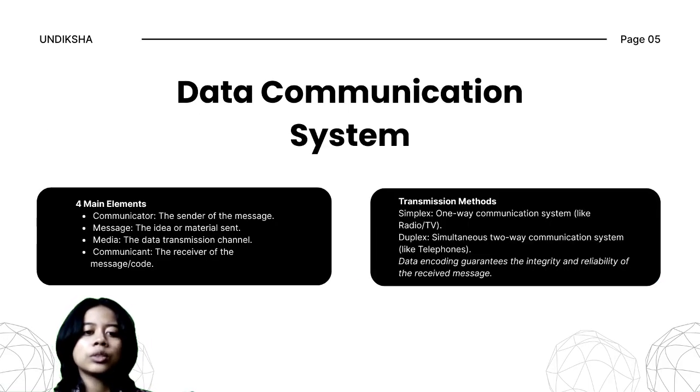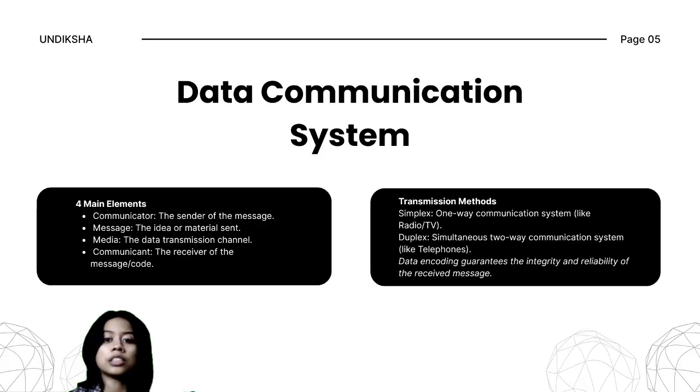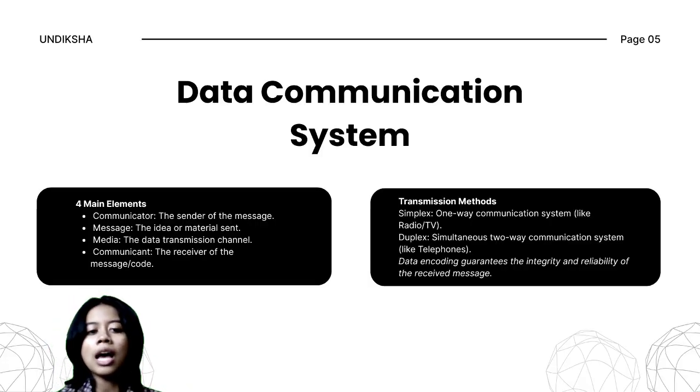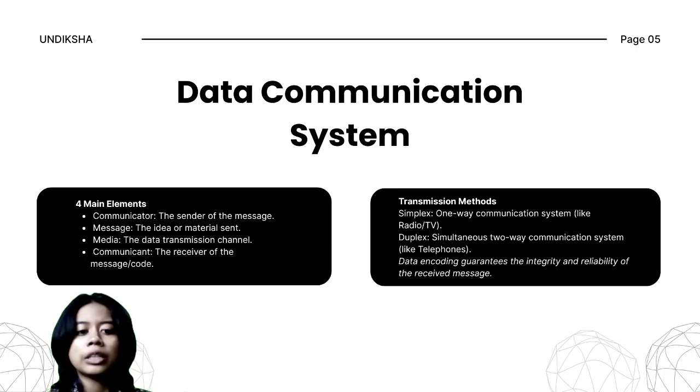And next, to understand how a network functions, we must look at the underlying data communication system. Any data communication event requires four non-negotiable operational elements. First is the communicator, which represents the source node or device that packages and transmits the initial data signal.